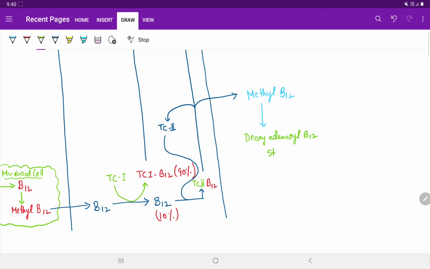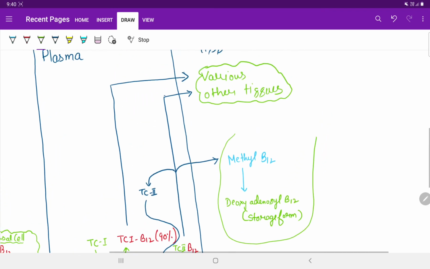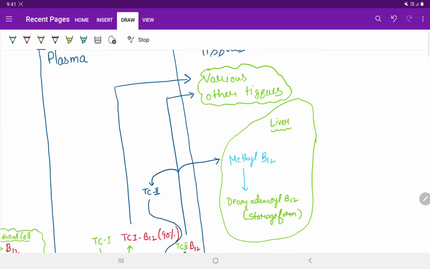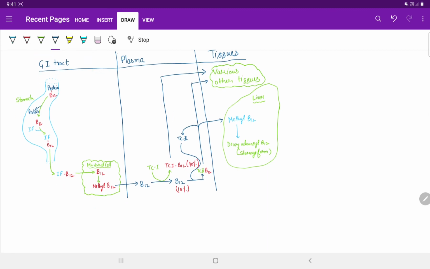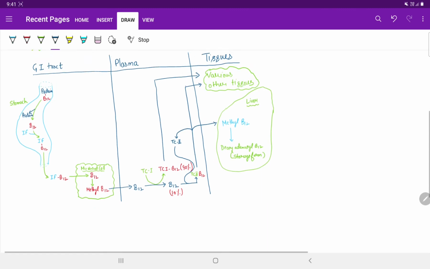So this is the storage form of vitamin B12 inside the liver. So this is getting stored completely inside the liver. So students, this is the fate of vitamin B12. So this happens to the vitamin B12 inside our body.